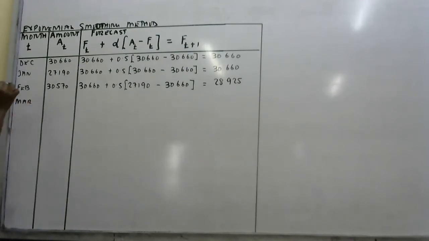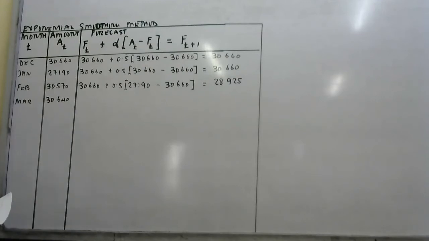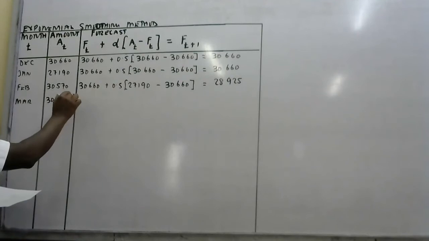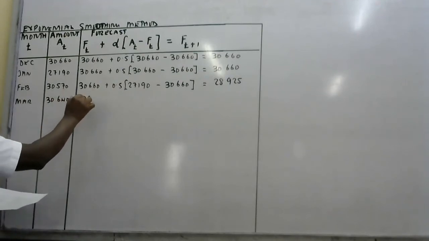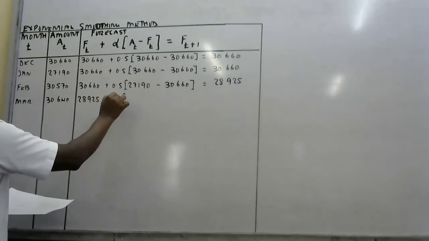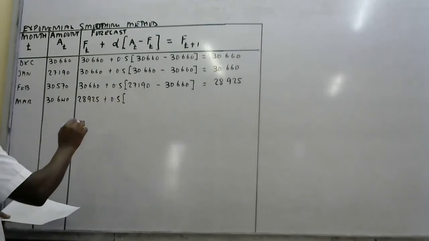March. March, the actual is 3640. So the forecast for the last time is 28,925 plus 0.5.